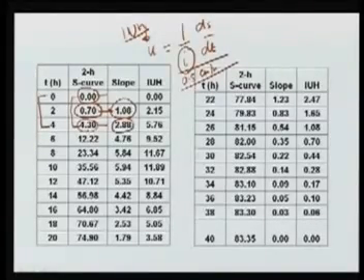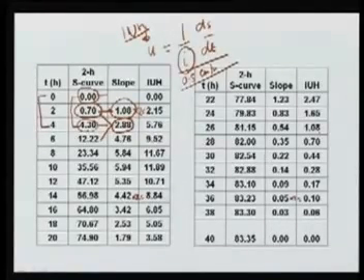Similarly 2.88 is the difference of 12.22 and 0.7 divided by 4, and then IUH will be multiplied by 2, so this into 2 will give us 2.15. Similarly all these values are multiplied by 2.